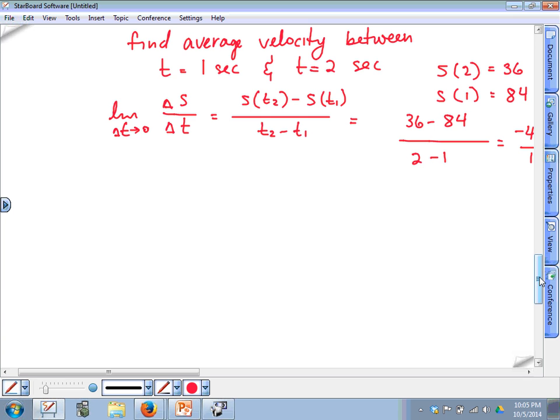So all of these basic rules we just talked about apply here. We don't have to use this limit process to find the velocity. So the velocity v at time t is s prime of t.